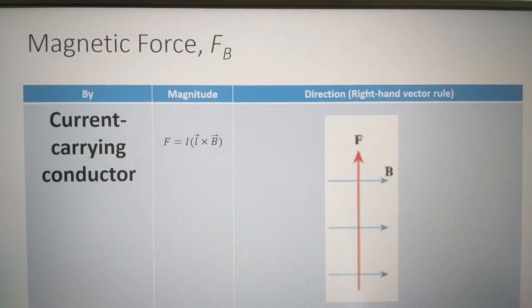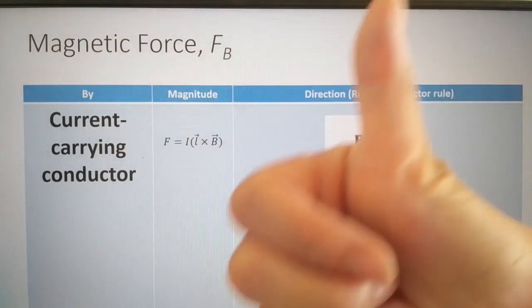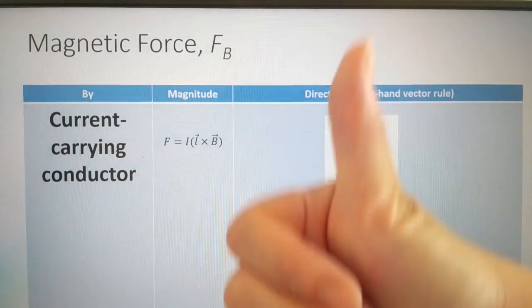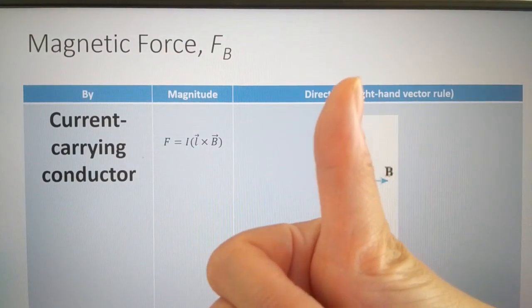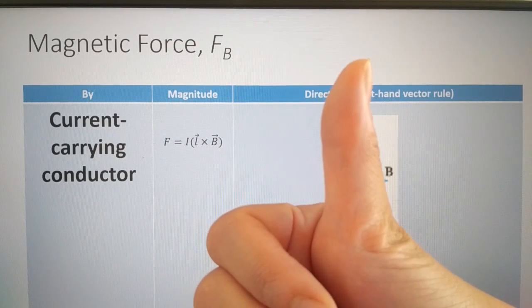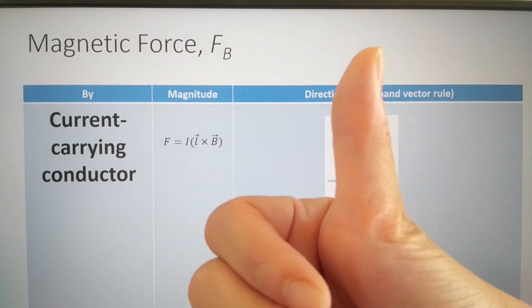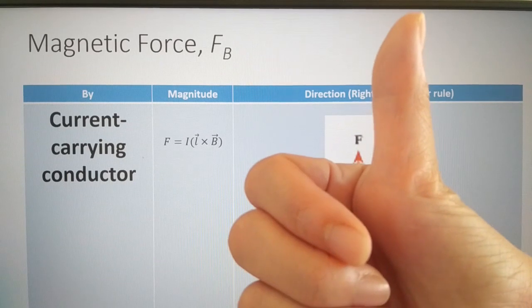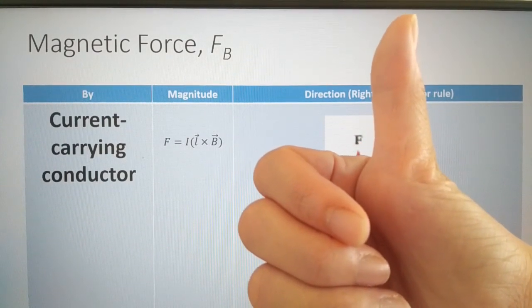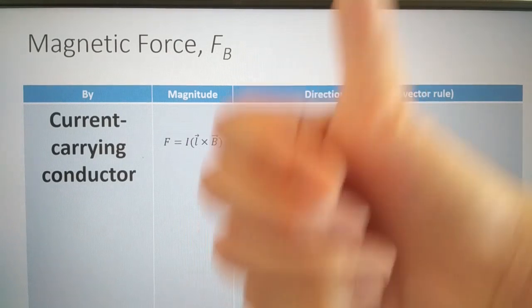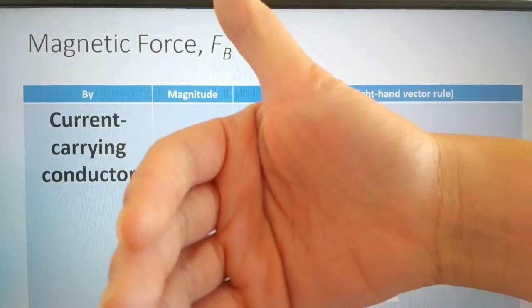Okay, what about this one here? Again, you know that the product force is upward, so your thumb must point upwards. And then you know that your magnetic field is to the left. But I don't know what's the direction of my current. So how can I cross to the left with my thumb pointing upwards?